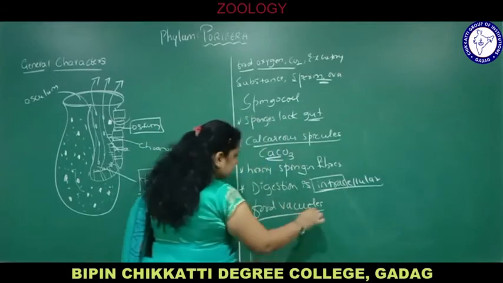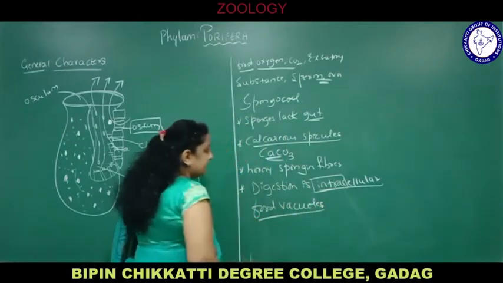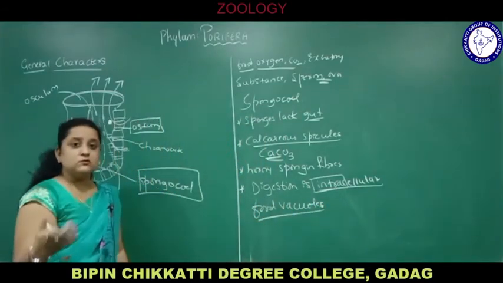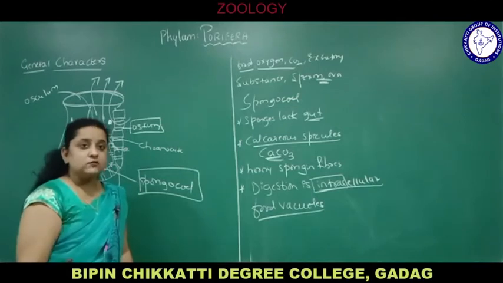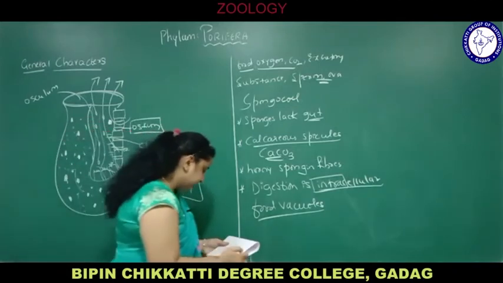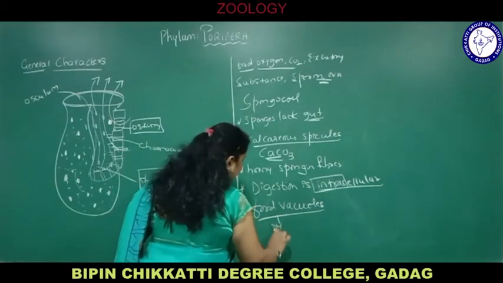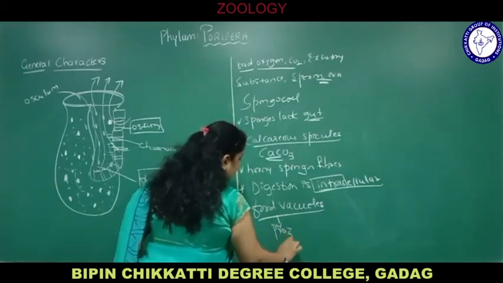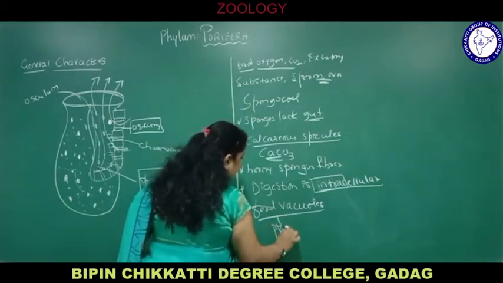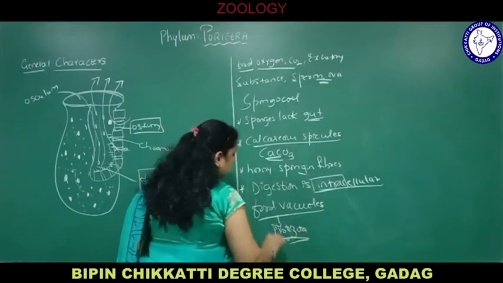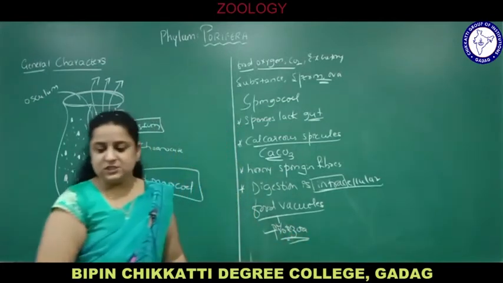A cell has organelles called vacuoles, and there are different types of vacuoles like gaseous vacuoles, food vacuoles, and contractile vacuoles for osmoregulation. As in protozoans we have seen, they also have intracellular digestion.